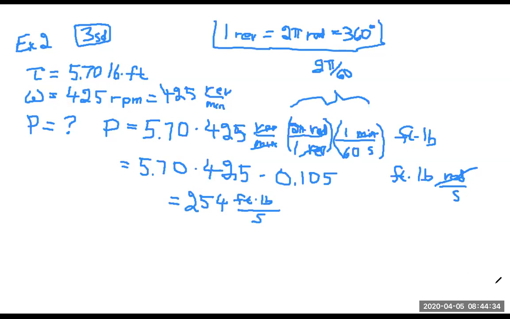Okay, now let's look at example 3. This is asking what horsepower is developed in a racing engine with torque 545 pound-feet at 6,500 RPM. Okay, so my data, the torque is given as 545 pound-feet.